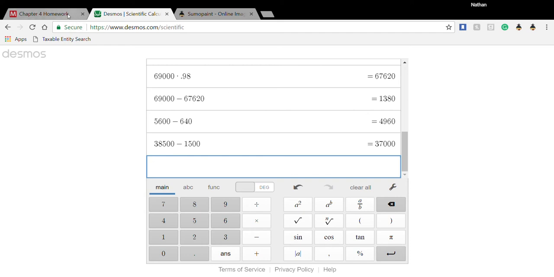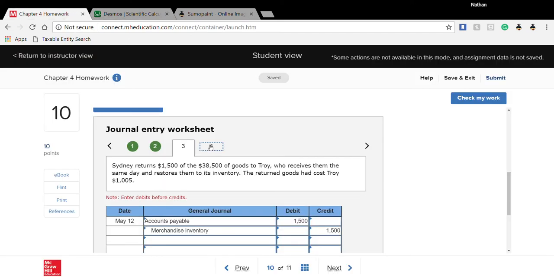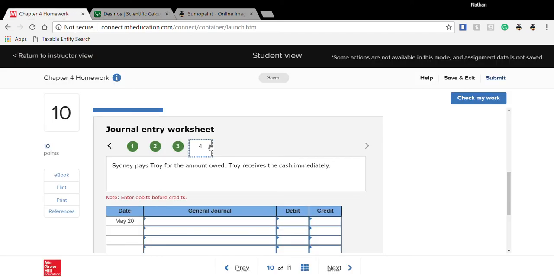That's what our accounts payable shows. Again, our accounts payable is going down for the full amount. Since it's going down, that's a debit of $37,000. Sorry.